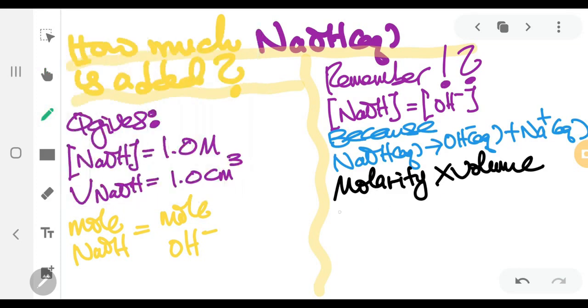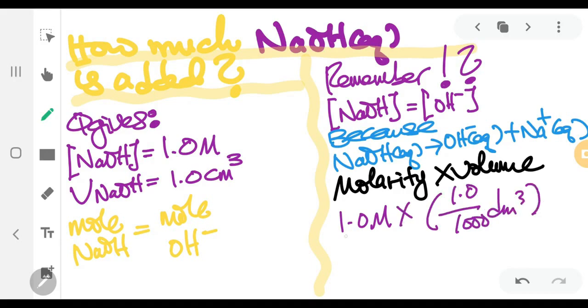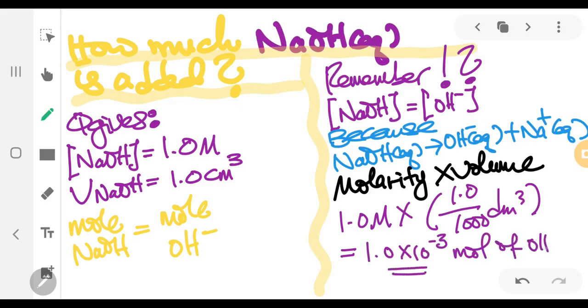The molarity given is 1.0 molar times 1.0 over 1000 decimeter cubed, and the number of moles would be 1.0 times 10 to the power of negative 3 mole of OH minus.